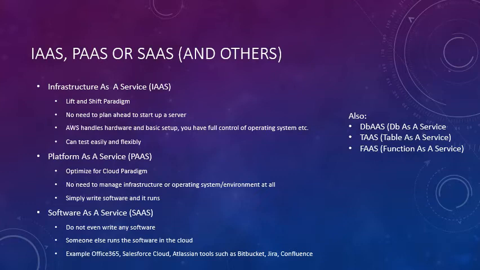You don't have to worry about failover and security issues and so on. For table as a service, you don't even have to worry about writing the schema, any of the replication details, that kind of thing. AWS does it all for you. So they're all different ways of using a service within AWS, basically.